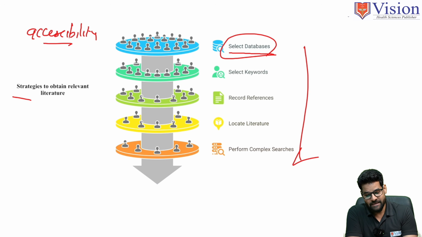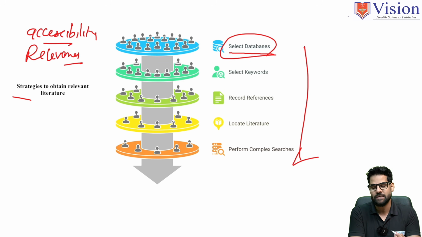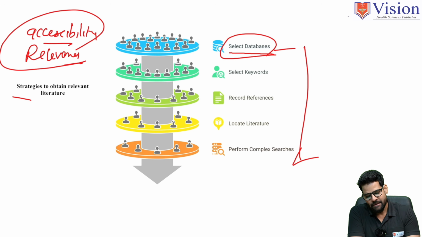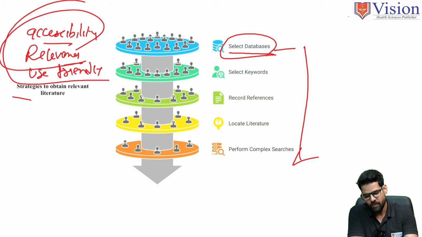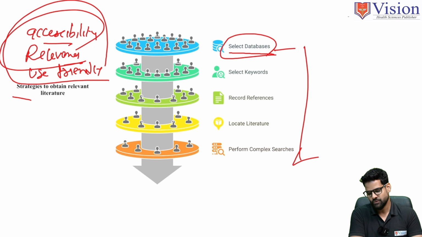Then its relevancy: if you are a medical or nursing student, you will select the database that has nursing articles. Then how user friendly it is. All these are important points you should always consider.